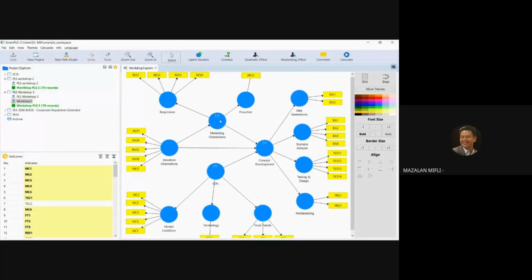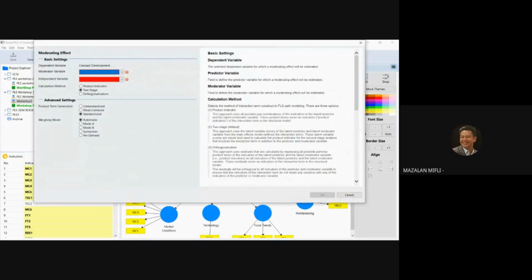These factors need to be considered before you make decisions on your concept, your product innovations. So let's do it. We have the moderators. We are going to set the moderators again. The independent variable is innovation orientations.